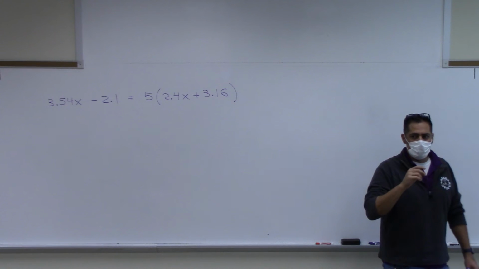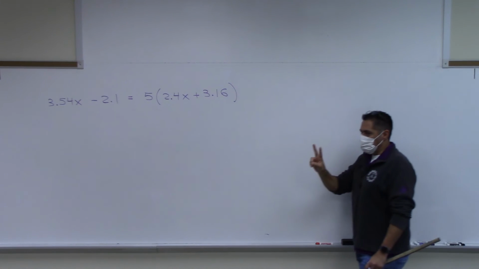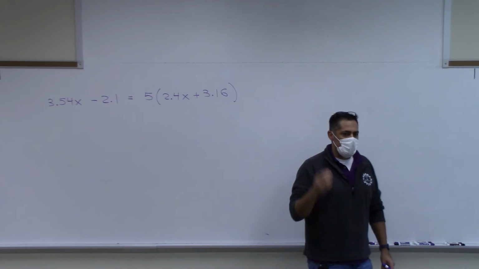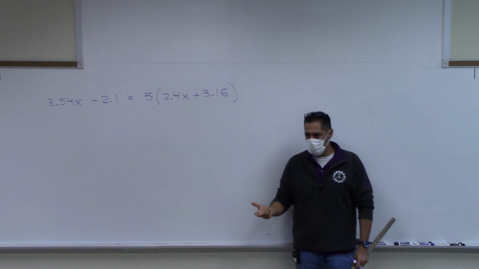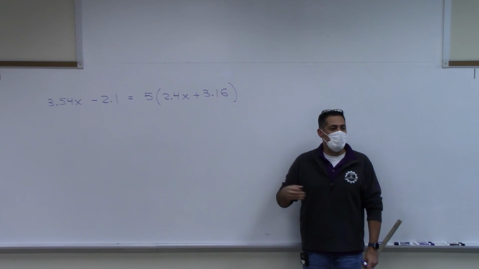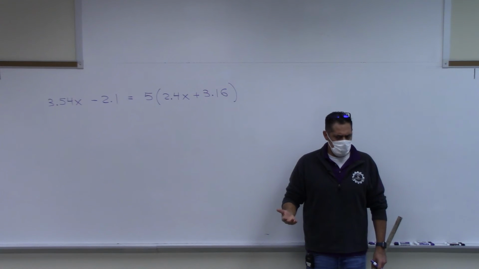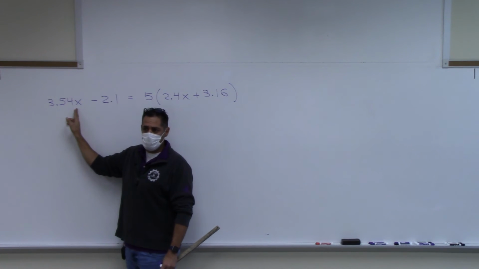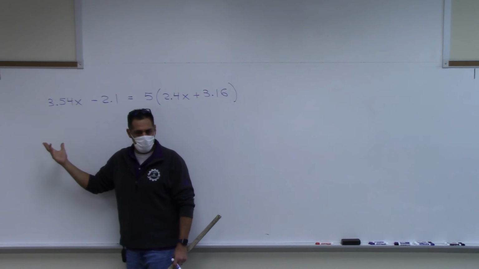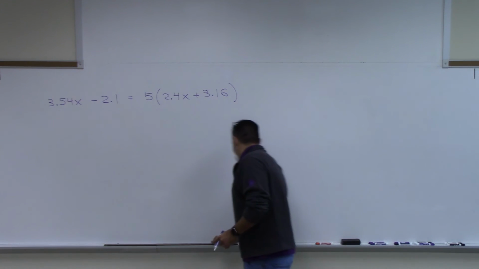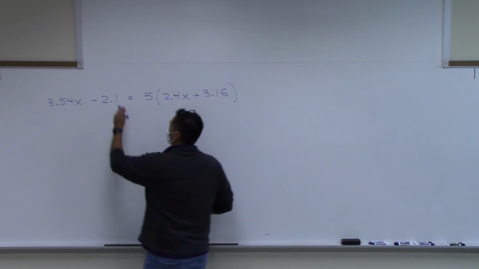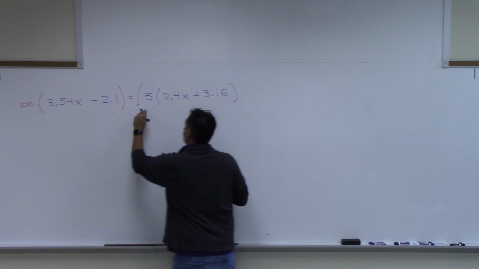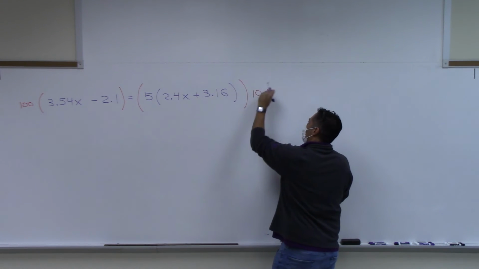Since the most is 2 digits, I have to multiply both sides of this by 100. If I had 1 digit, I would multiply by 10. If it was 3 digits, 1,000. Does that make sense? Basically it moves the decimal point to the right 2 places. That's what multiplying by 100 would do. So we're going to take the whole left side, multiplied by 100, the whole right side, multiplied by 100.